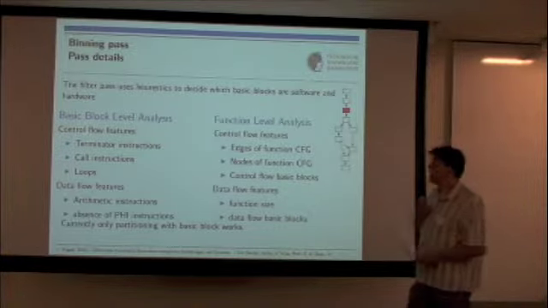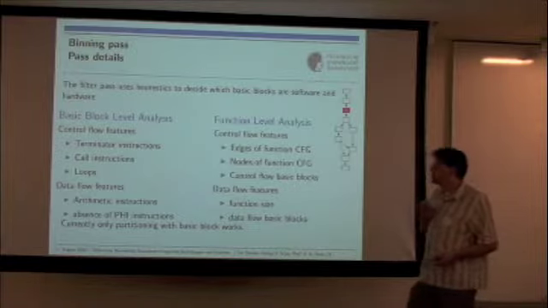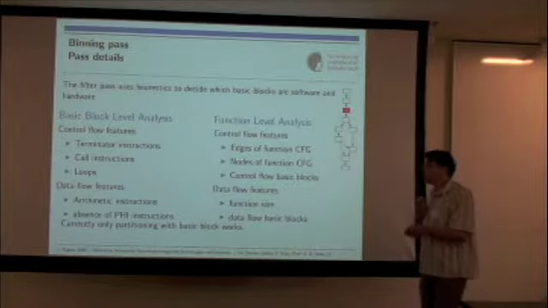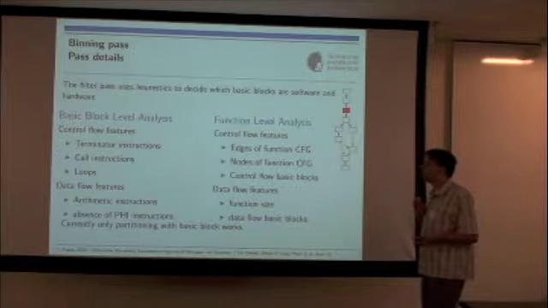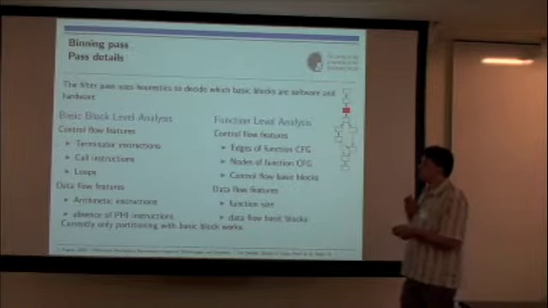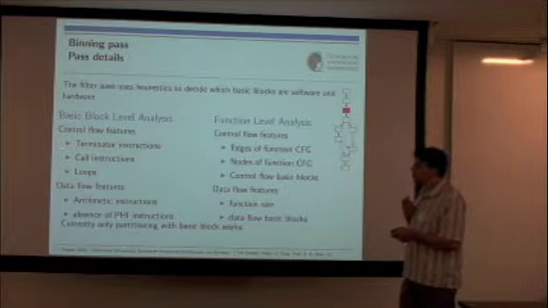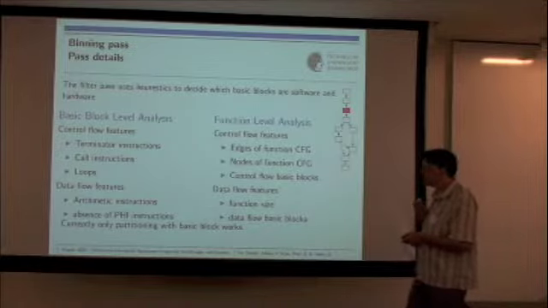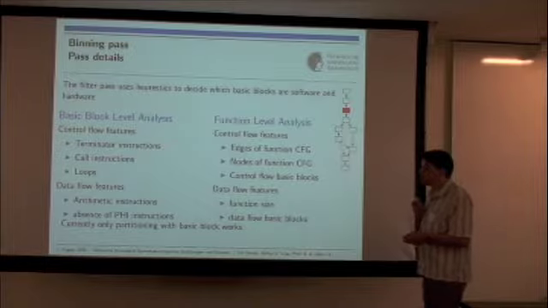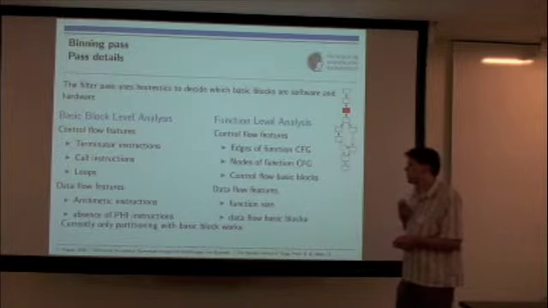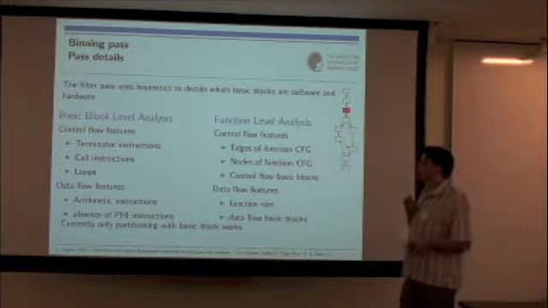The binning pass uses different features of the basic blocks to decide if it's more to be implemented in software. For example, it looks for terminator instructions, call instructions, and loops, and data flow features like arithmetic instructions and the absence of phi instructions.